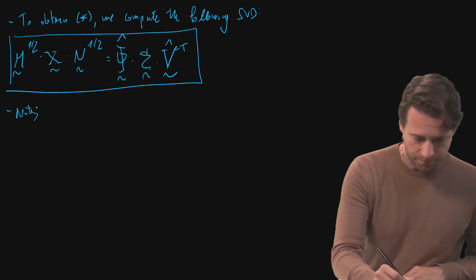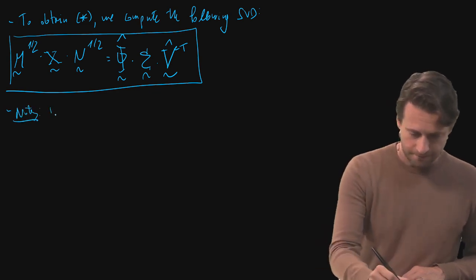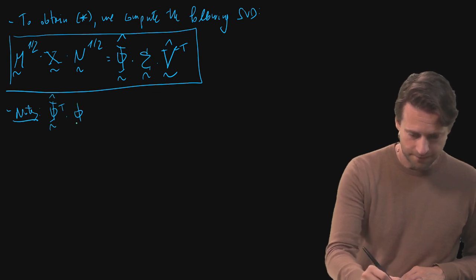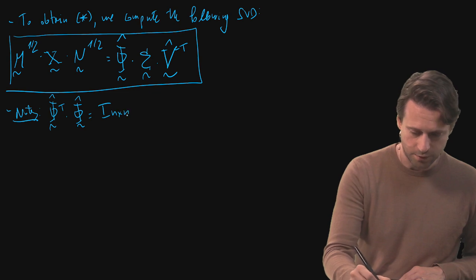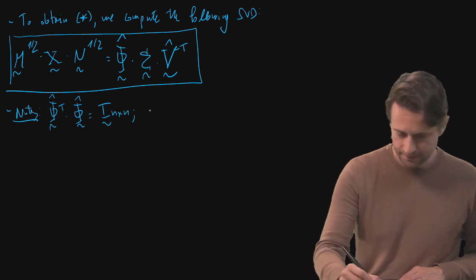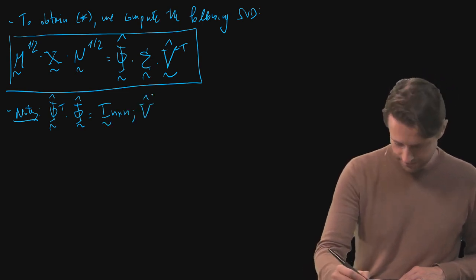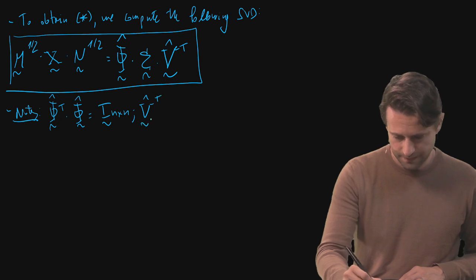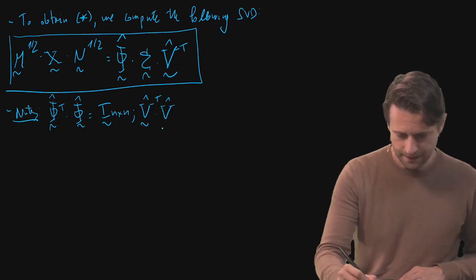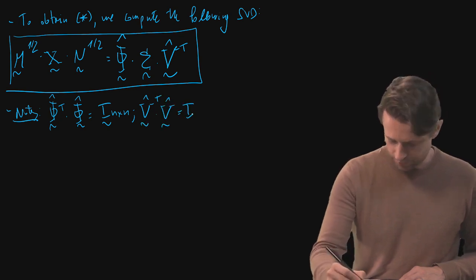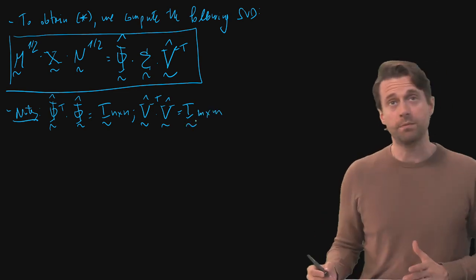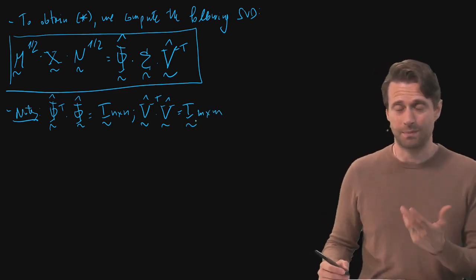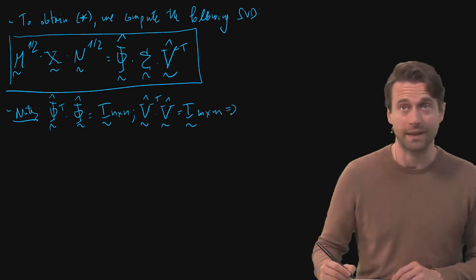Now, notes. Phi hat transpose times phi hat is equal to the identity matrix, N times N, and V hat transpose times V hat is the identity matrix, M times M. This means that both matrices are actually unitary, as we have been talking about over the last videos.